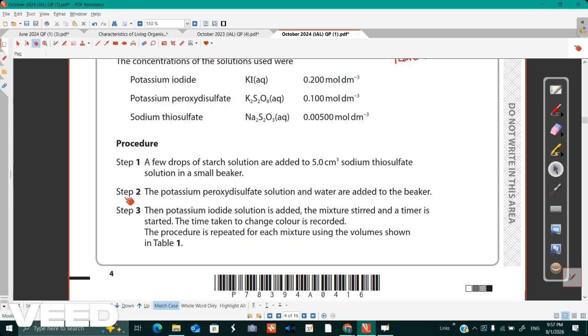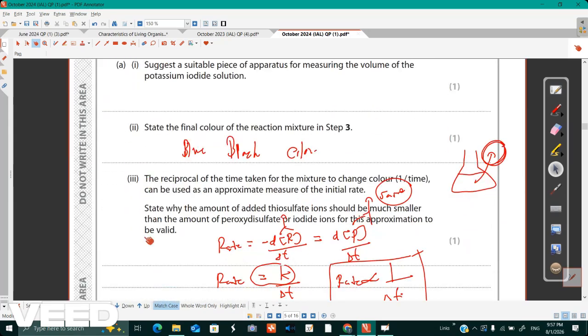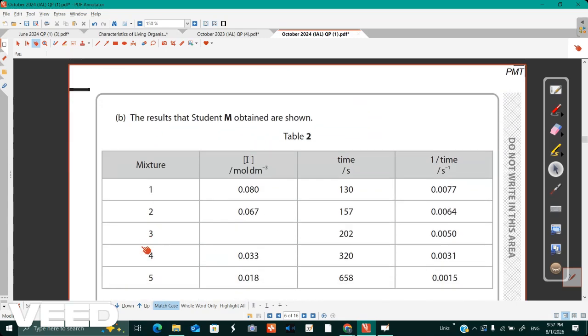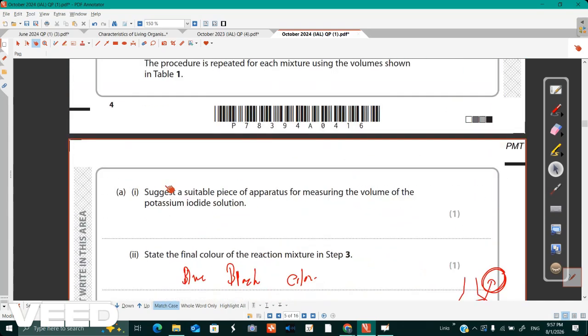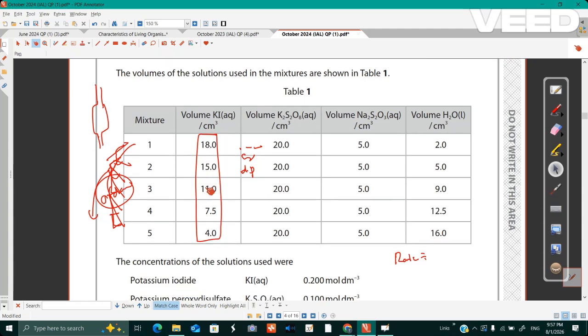The I minus volume is given. Okay, so they are telling about the initial concentration of I minus. So they have given us the volume.